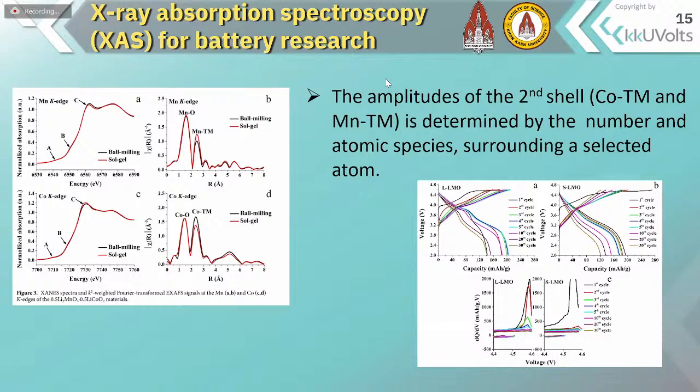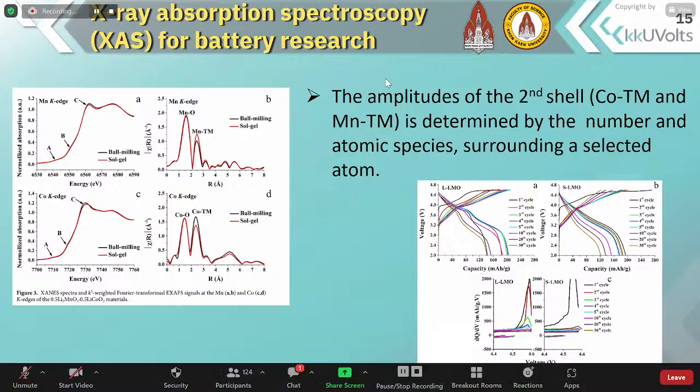And from the Fourier transform EXAFS signal, we see that the manganese and cobalt atoms in the two cathode materials are surrounded by different numbers and types of transition metal atoms because they have different degrees of phase separation.